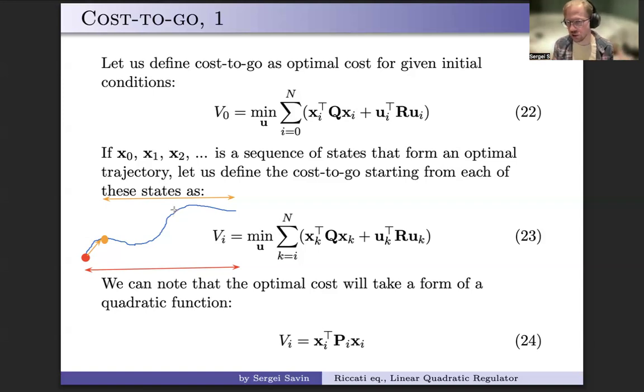If you start already at the goal, your optimal cost will be 0. But the goal is one of the points on this trajectory. So the idea is that as you examine states that are closer and closer on this trajectory to the goal, your optimal cost to go has to be smaller and smaller and smaller, right? Okay.